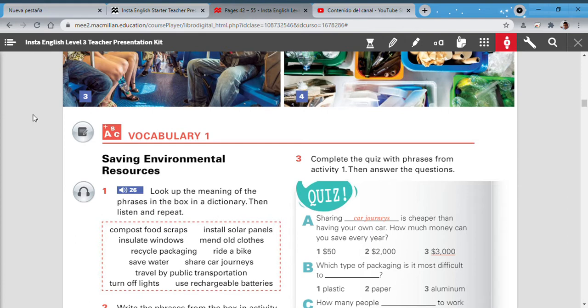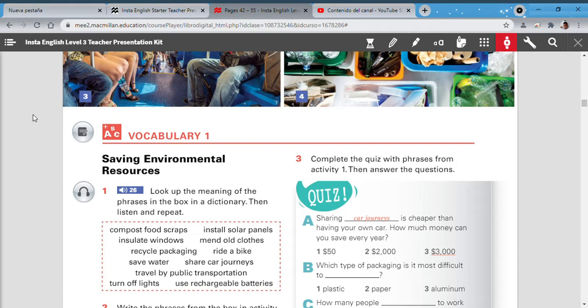Now, look up the meaning of the phrases in the box in a dictionary. Then listen and repeat. So the idea is to practice the vocabulary first, and then we are going to look in the dictionary. The idea is to learn the pronunciation.